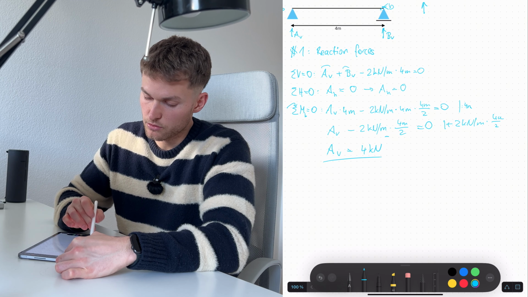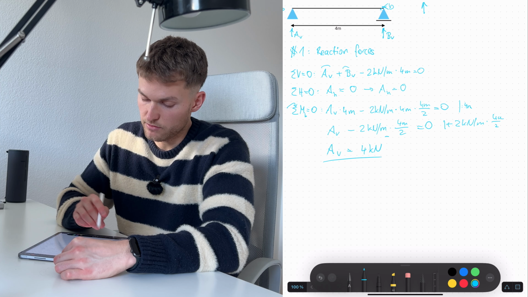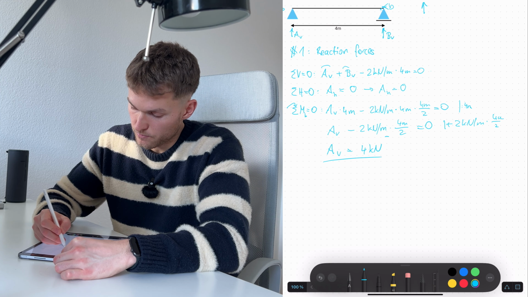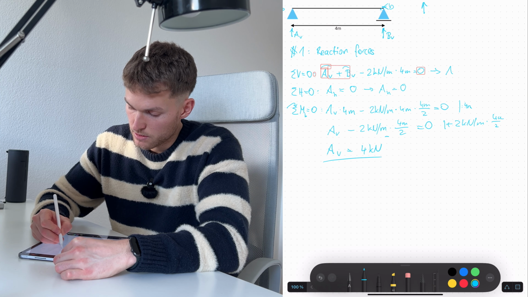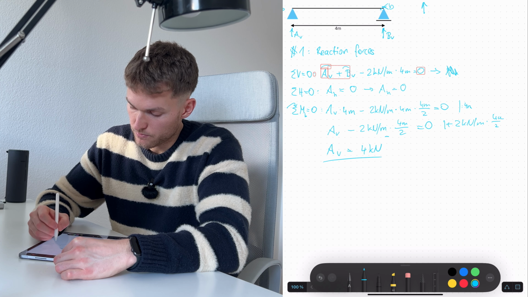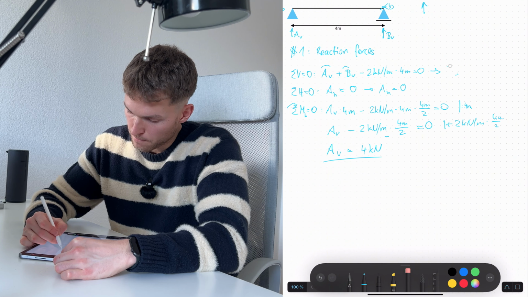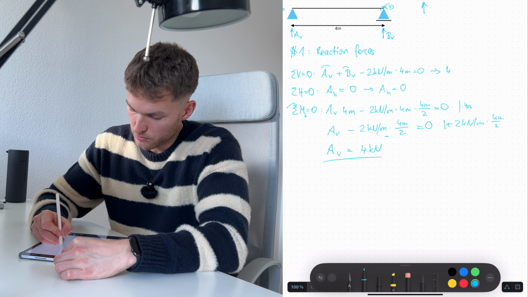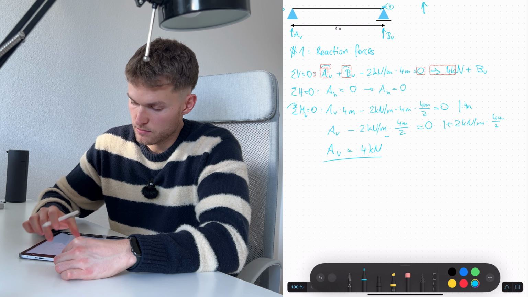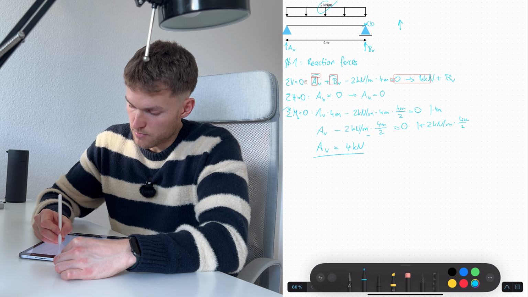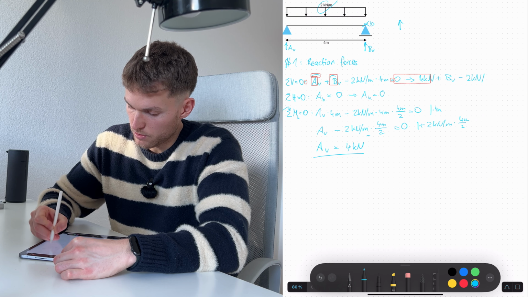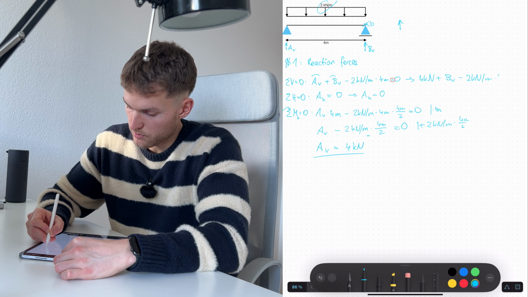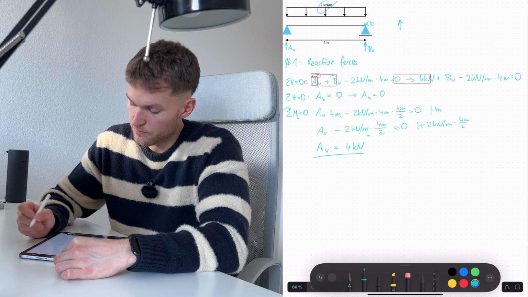And now we can also solve BV because we have AV. Sorry, we know that. So 4 kilonewton plus BV minus 2 kilonewton per meter times 4 meter equals 0.